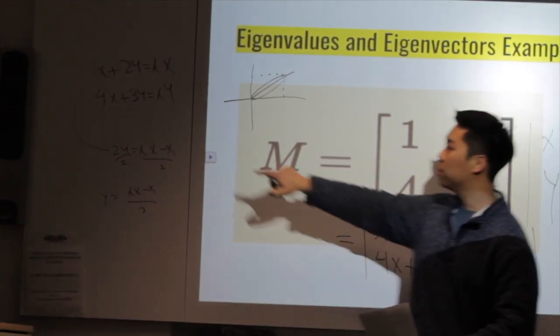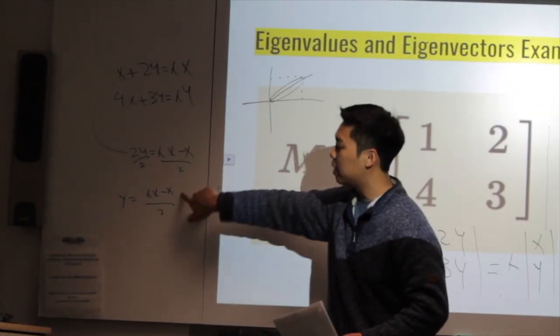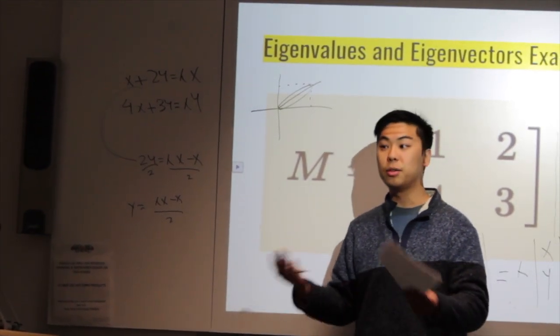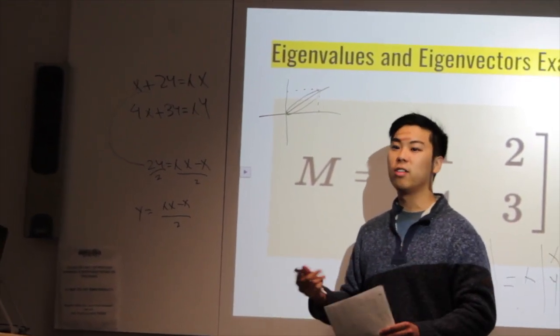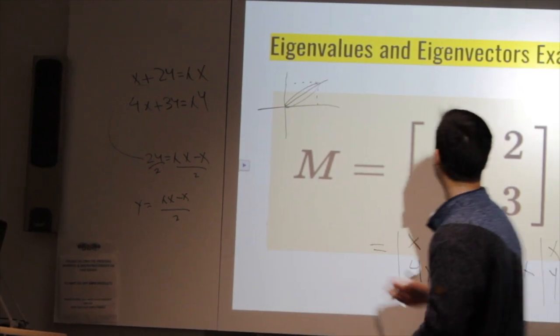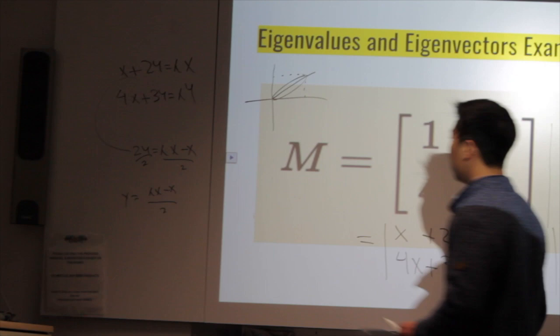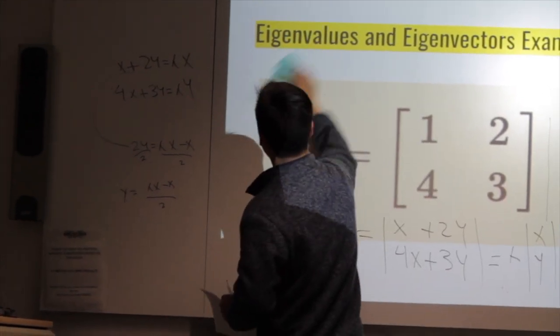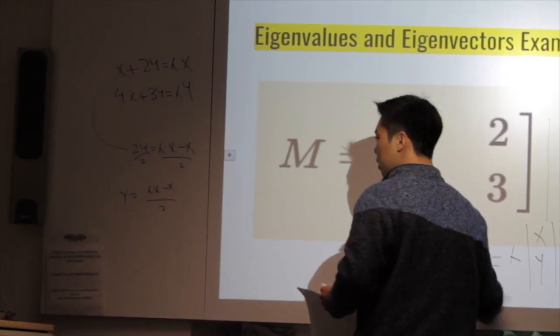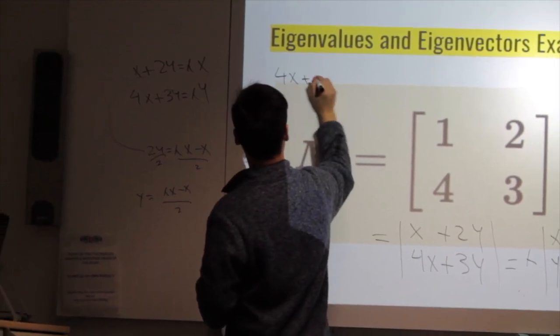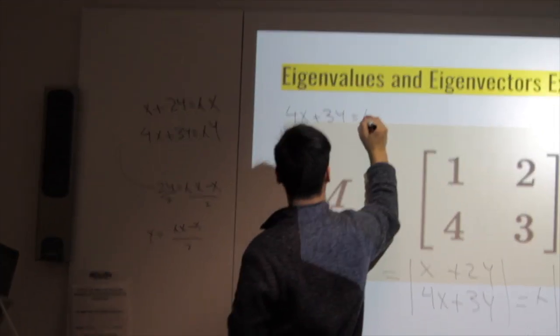Now we want something in terms of x from this equation, so that we can plug it into here and then get some representation of lambda. So then now I'm going to say 4x plus 3y is equal to lambda y.